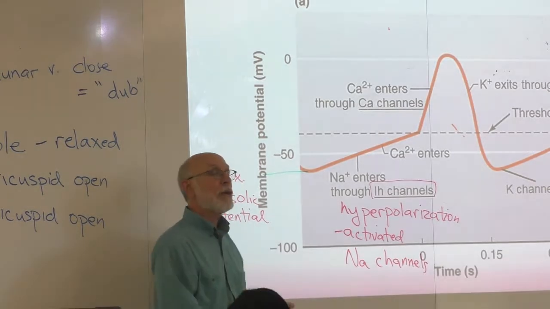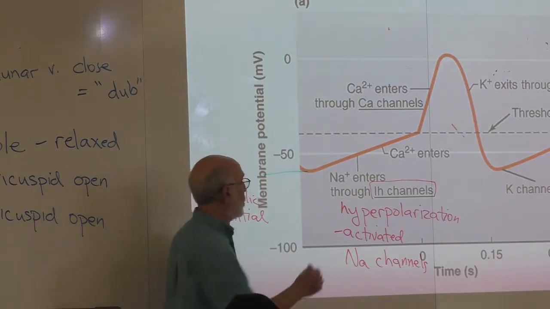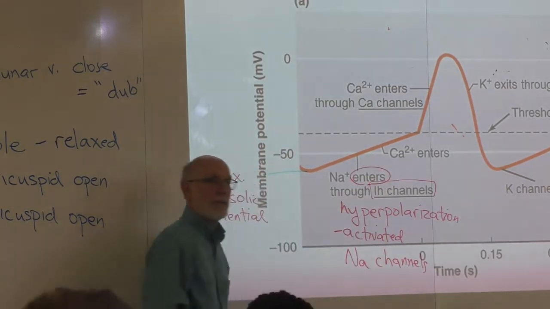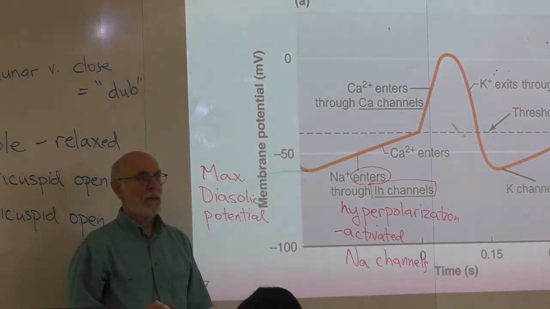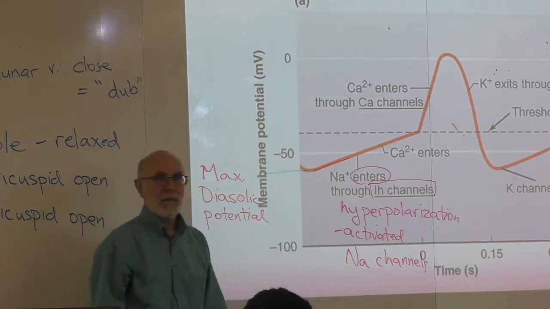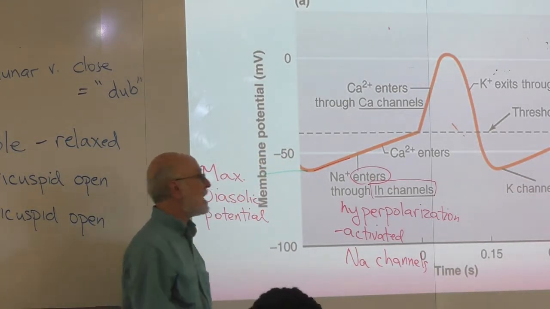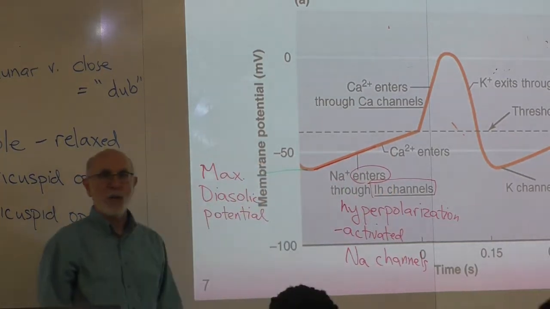Which way does sodium flow? Sodium flows in. What does that do to the membrane potential? Depolarizes it. So the hyperpolarization activated sodium channels cause a slow depolarization.